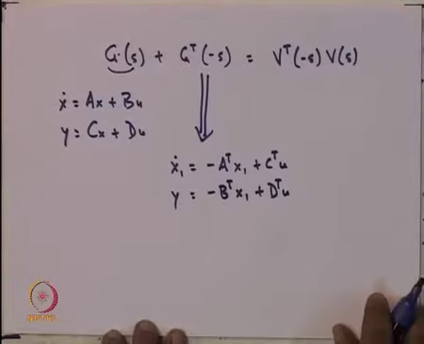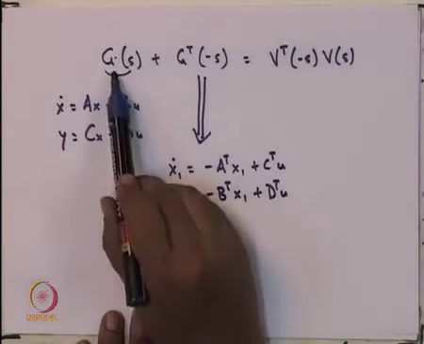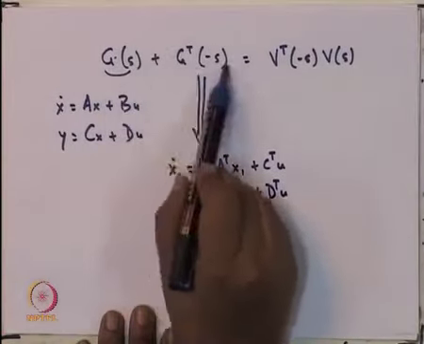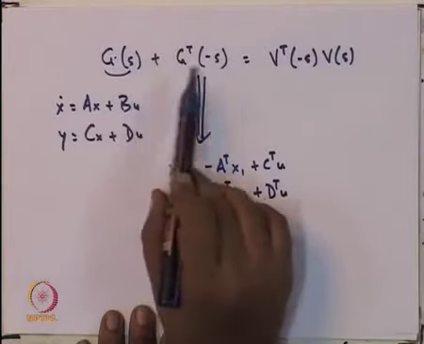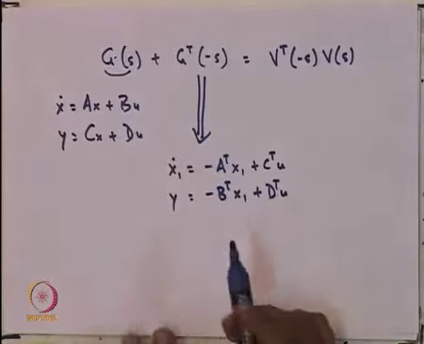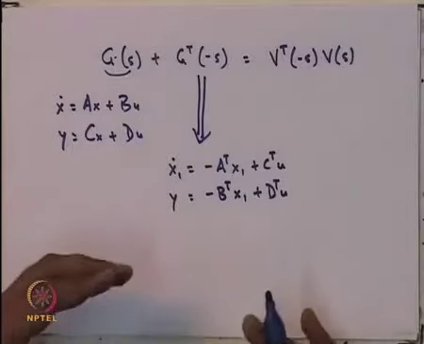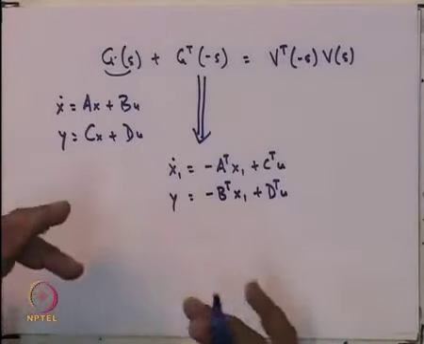Now, here we have Gs plus G transpose minus S. It is as if these two transfer functions are adding up, so they are two systems which are parallel.